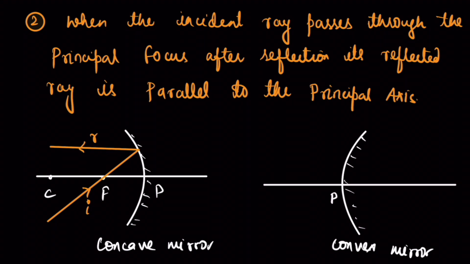This is pole, focus, center of curvature, and here is the incident ray which passes through focus. After reflection, it will become parallel to the principal axis.